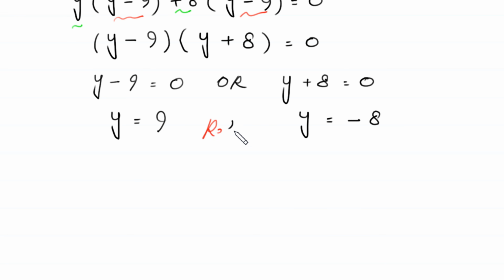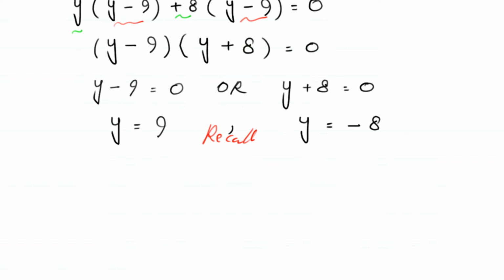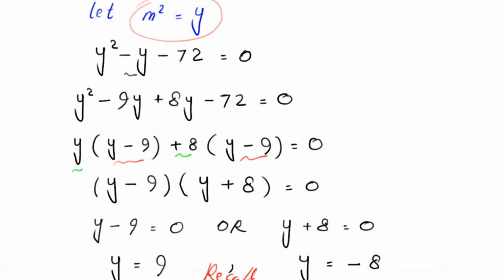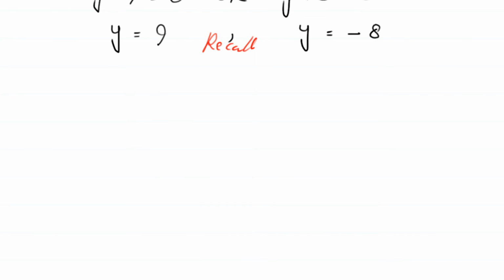Now recall that we have supposed that m squared is equal to y. So when y is equal to 9, then this equation will become m squared is equal to 9. Now we take a square root of both sides.